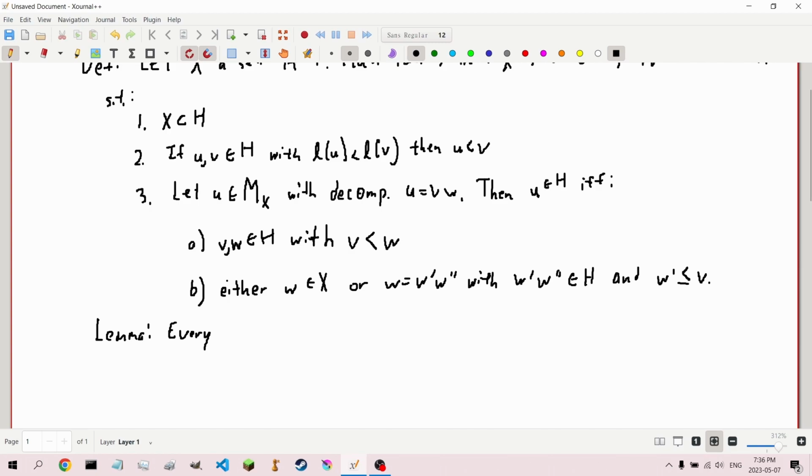Every set X has a p-Hall family. And we prove by induction.